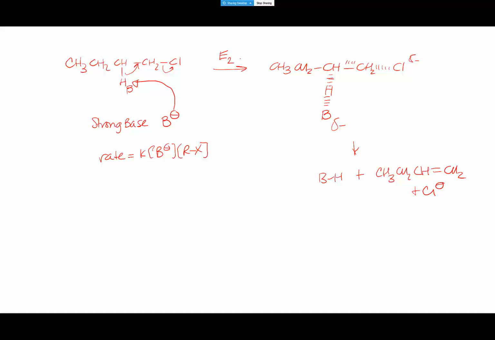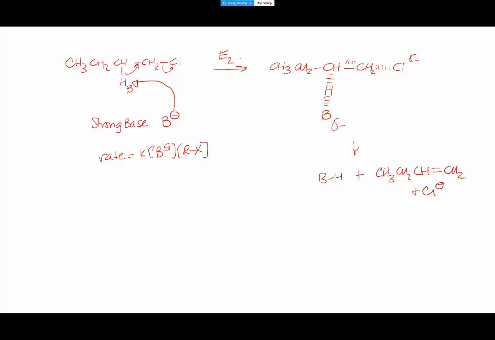So now we've got the ability to form an alkene directly from the alkyl halide using a strong base. And so that's what our mechanism would look like. Hannah?